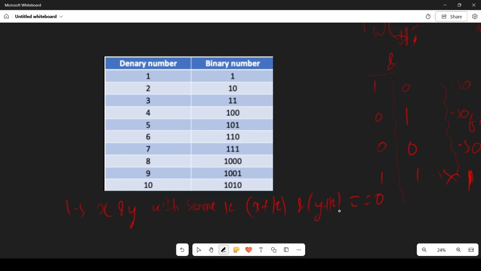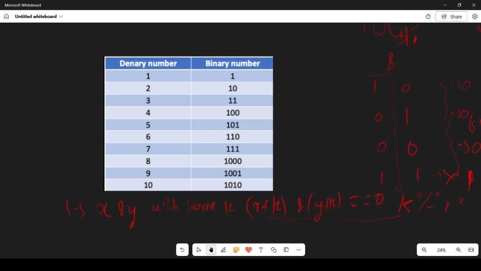If there is just some k, then yes, it's possible. Our question shifts, compared to the complicated equation we earlier had, to whether there exists some k by which x plus k and y plus k is equal to 0. If that is possible, then we will just print out that k, and if not, we'll print minus 1.